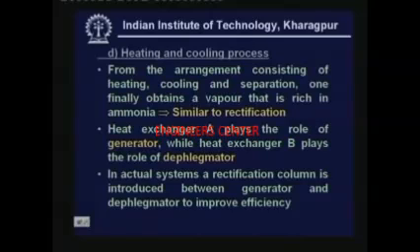So, we also use a rectification column which is introduced in between generator and dephlegmator. This is required to improve the process of rectification. So, an actual absorption refrigeration system based on ammonia water will have the generator, a rectification column and a dephlegmator. And the principle is what we explained just now.